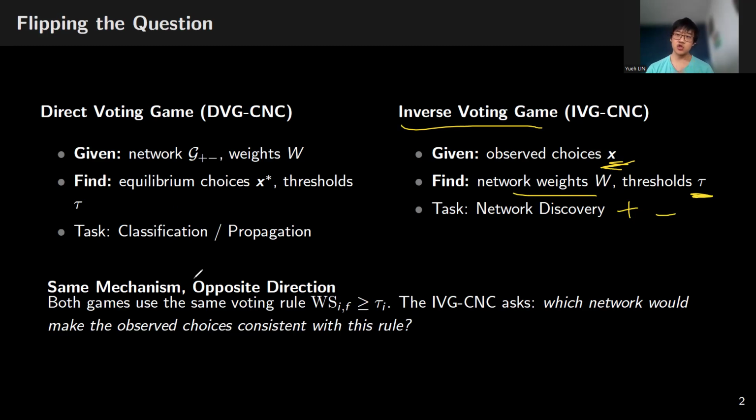We discussed the choice of making thresholds endogenous in the previous lectures, and for the inverse voting game, these are the given and these are the to-be-found variables, and we are focusing on the network discovery application. So the mechanism of vote is whether the weighted sum is greater than the threshold. Let's go and look at the next slide.